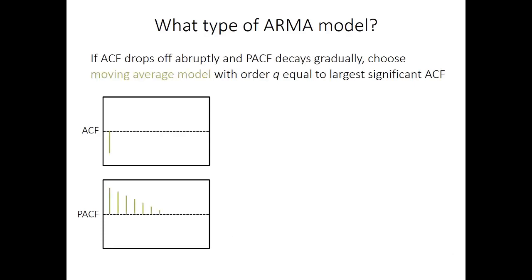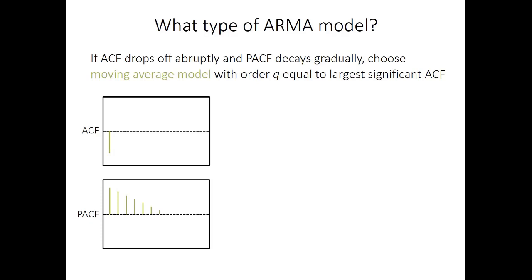If you see the reverse pattern, where the autocorrelation function drops below significance really rapidly but the partial autocorrelation function decays gradually, you choose a moving average model with an order Q, whether first order, second order and so forth, equal to the largest significant autocorrelation lag.